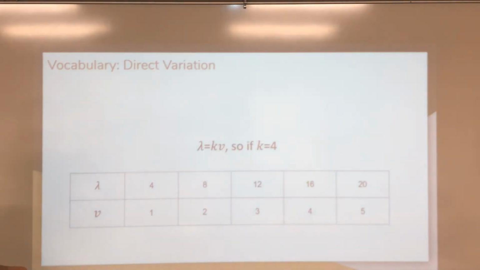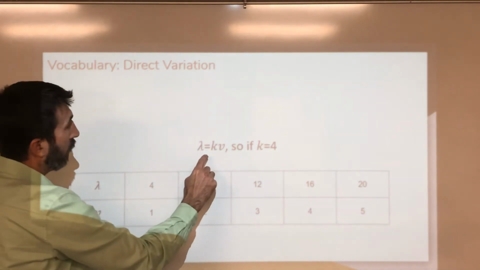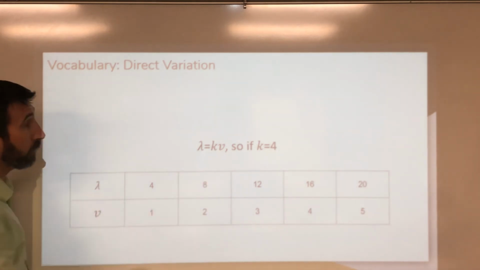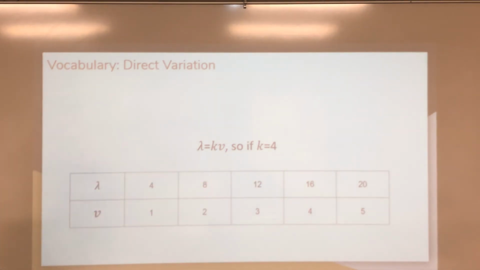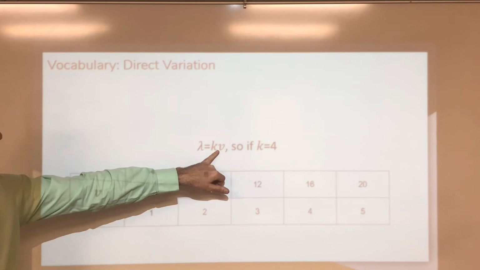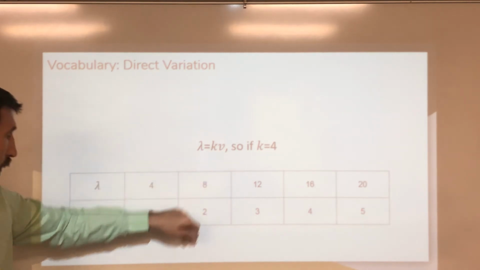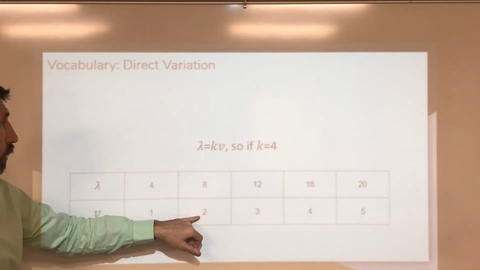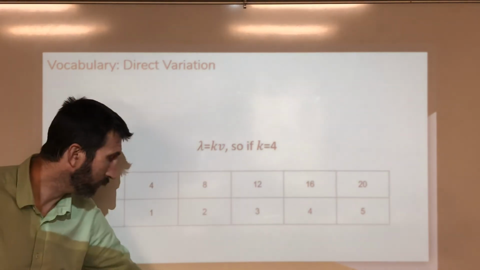So, looking at direct variation, again, varies directly means k times. So if k is 4, it's not changing. So if lambda equals 4, or if v equals 1, 1 times 4 is 4. 2 times 4, right?